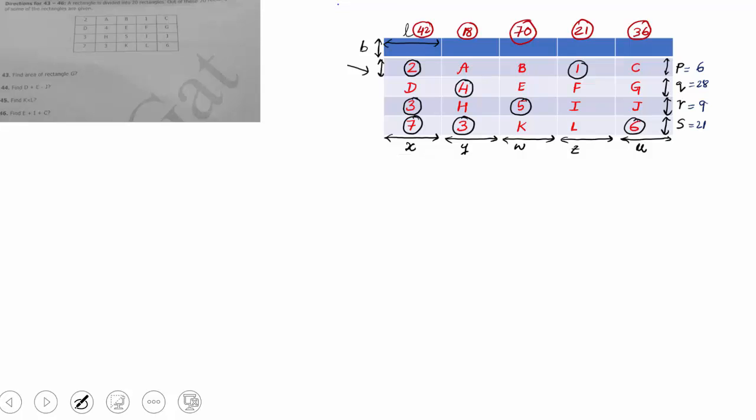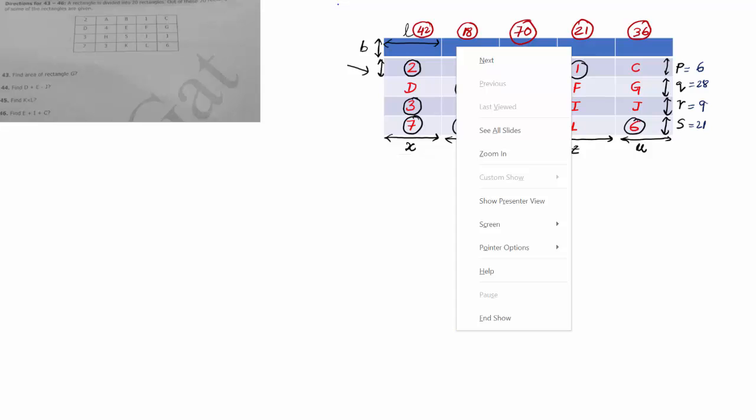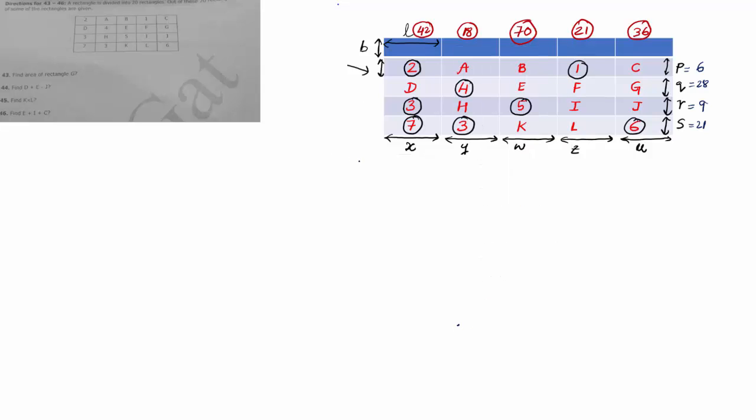So if you can see this is a value 2, right? For example, I'm just trying to explain what these ratios tell us. This 2 can be written as P into L, where P is 6 and L is 42.